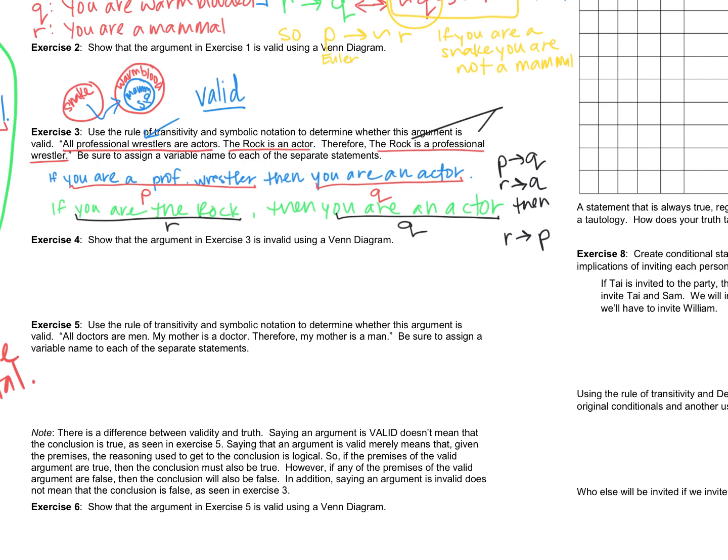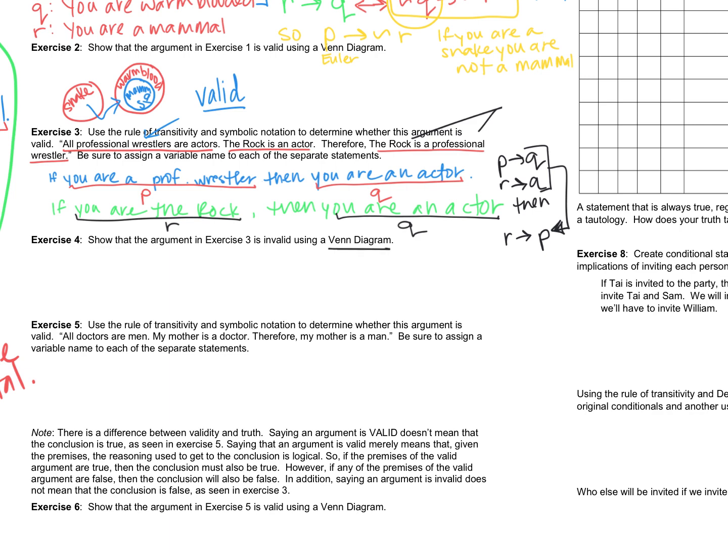Remember that we can use transitivity only if we have a matching hypothesis and conclusion, and we don't have any of that. Only the conclusions are matching up. So there doesn't seem to be a reason why that would logically follow, so it seems like it would be invalid. Let's take a look using the Venn diagram.